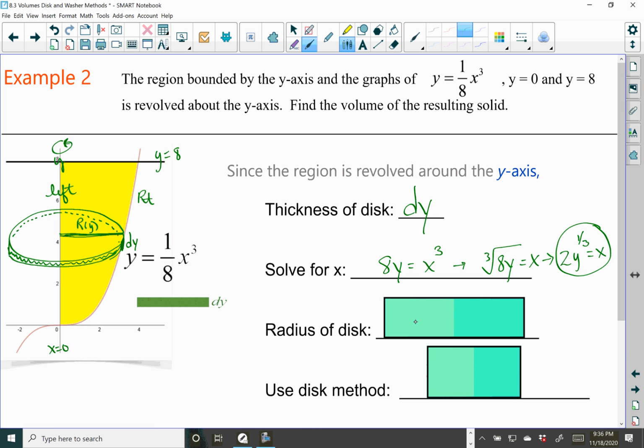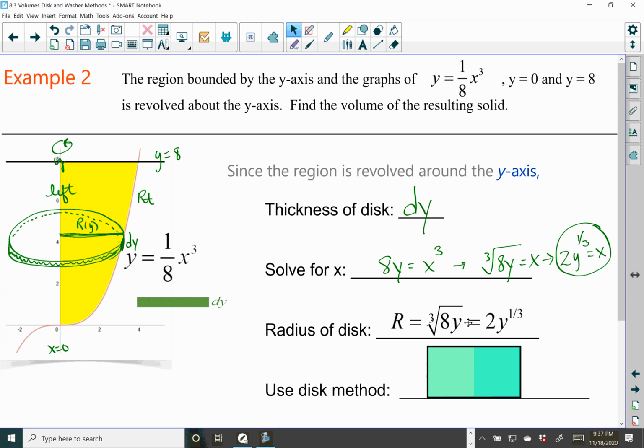The radius of the disk will be right minus left, and let's see what we got underneath here. There it is. So I get 2y to the 1/3. You could say it's minus 0 for this particular equation, right? X equals 0. But that's still going to come back, obviously, to 2y to the 1/3.